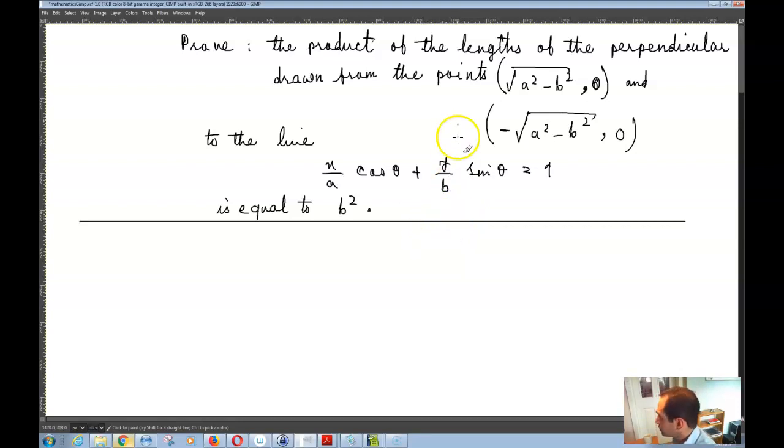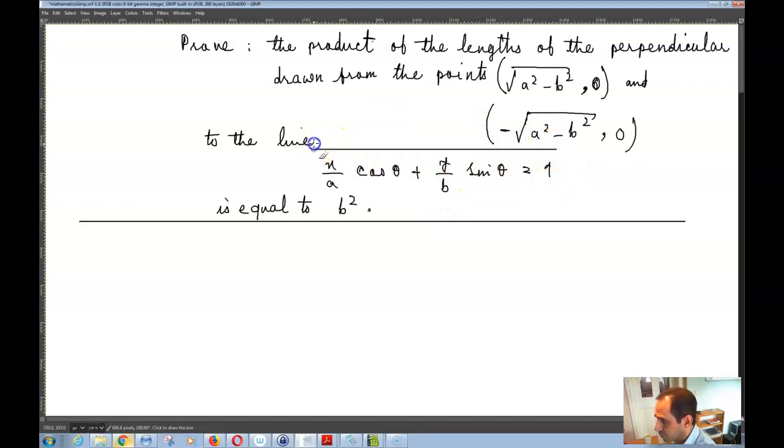now basically we want to prove that the product of the lengths of the perpendiculars drawn from these 2 points to this line over here is b squared. Now the equation of the line is x divided by a cos theta plus y divided by b sin theta is equal to 1.